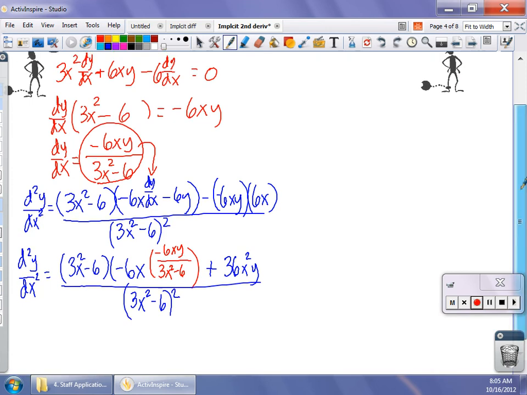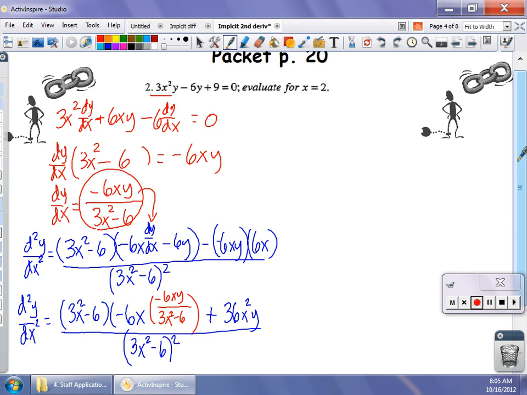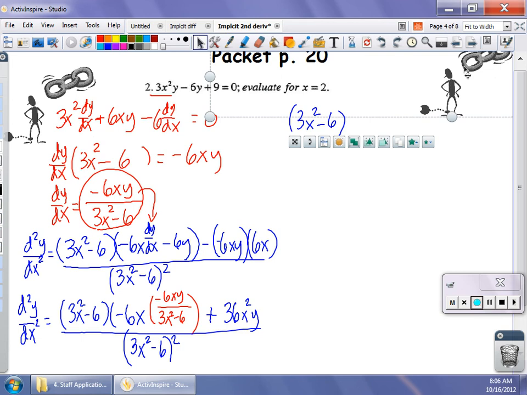Okay, taking that up, that will give me 3x squared minus 6. Let me get this little fella out of the way. He doesn't want to move. There we go. All right. Let's see.